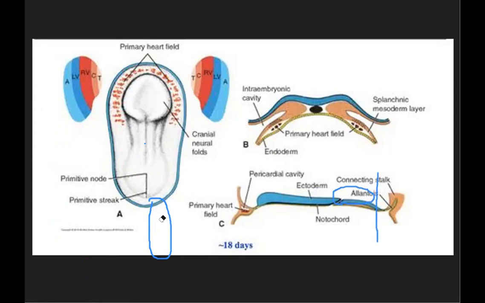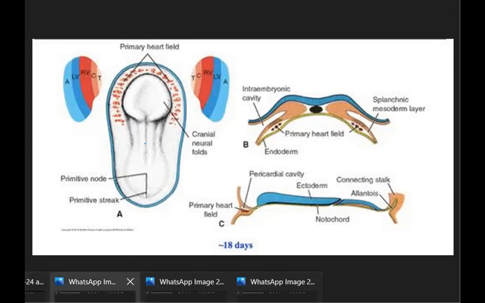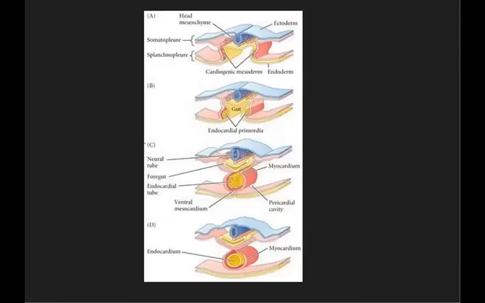If you understand this picture, let's move quickly to the main part. Now here, what happens is, when you see that here, this endodermal layer moves downward.